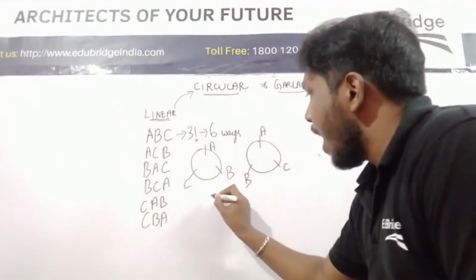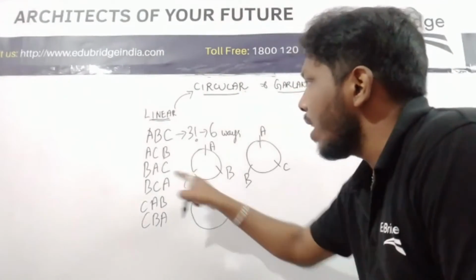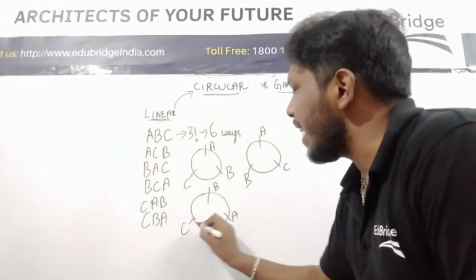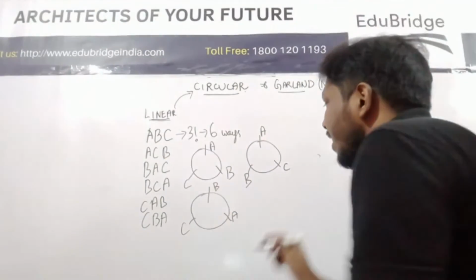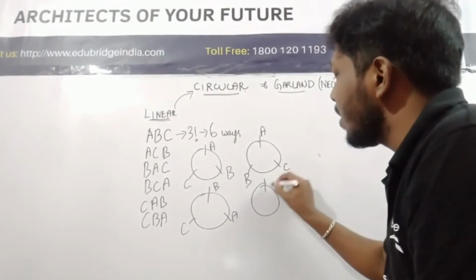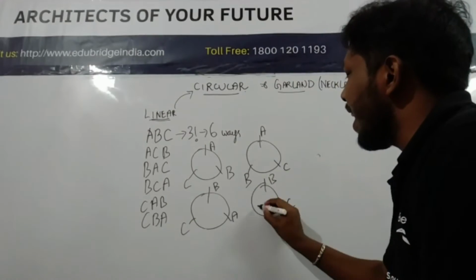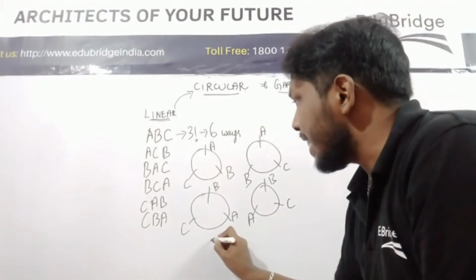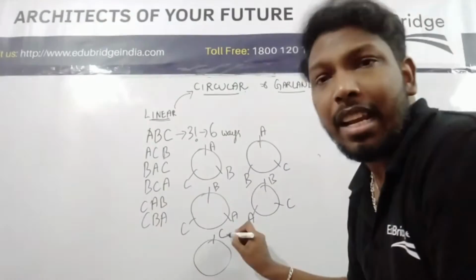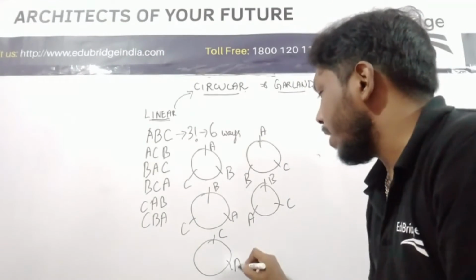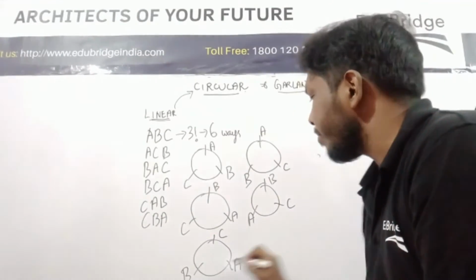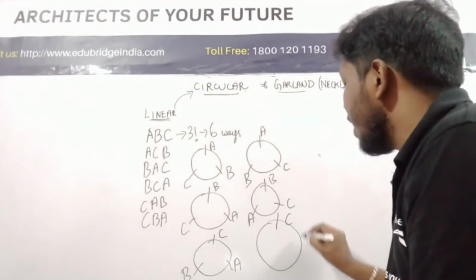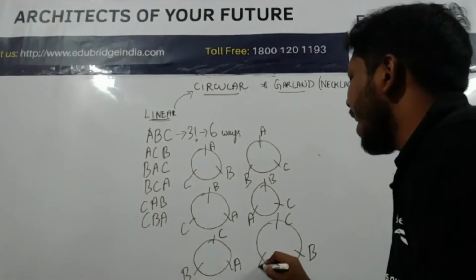Another arrangement, and one more: BAC arrangement, and then BCA arrangement. We have two more. CAB, so that we have C, and we have A, and then we have B. And the last arrangement, which is C, B, and A.